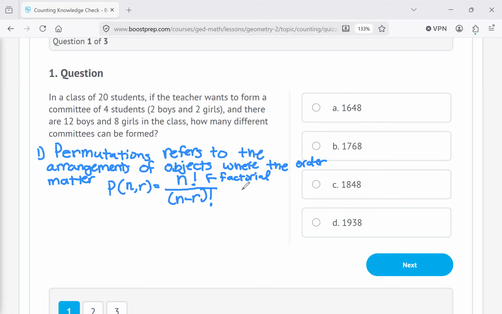So you can put it in a calculator. There is a factorial button in the calculator. But there's another way you could do it without a calculator, or algebraically. The next thing you need to know is, just like what I said before, factorial notation.